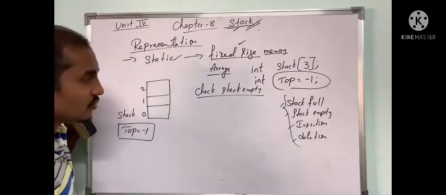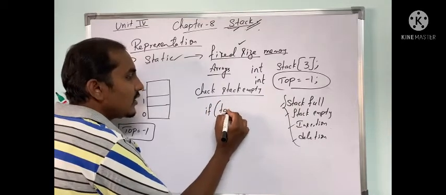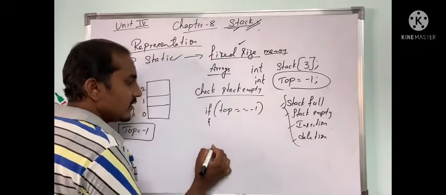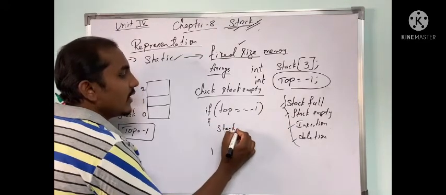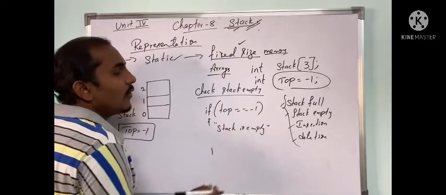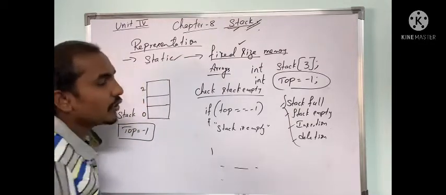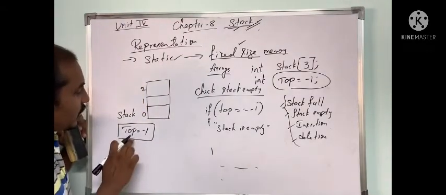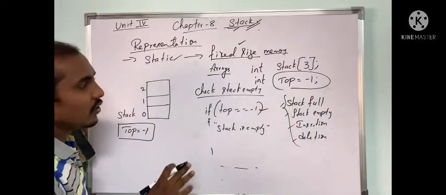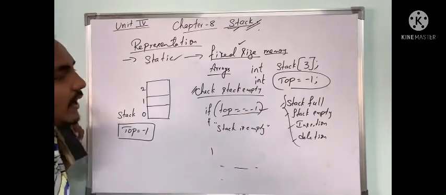We will use a condition: if top is equal to -1, in that case we can say the stack is empty. If top is not equal to -1, then we say the stack is not empty. Initially top is equal to -1, so this will be true. How to check stack is empty? When top equals -1, the stack will be empty.